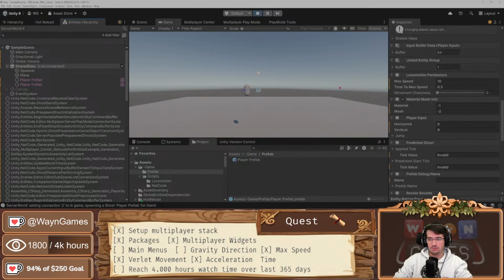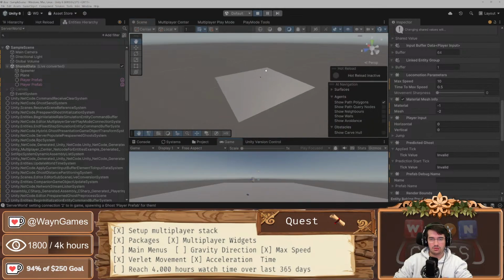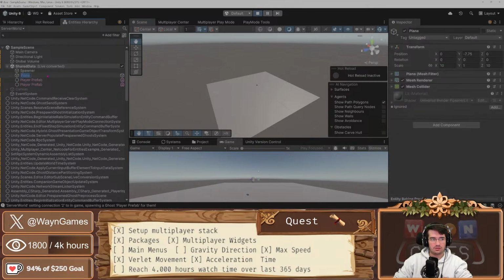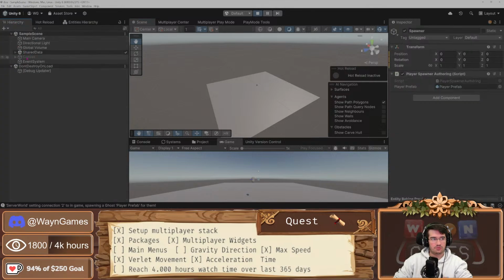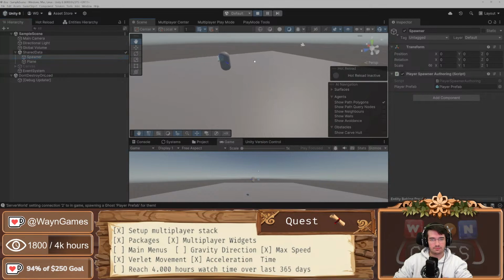So my input vertical. Let's put the game view here. Focus on the plane. It's okay. This one is not working and this one is not working. I'm not rotating correctly.